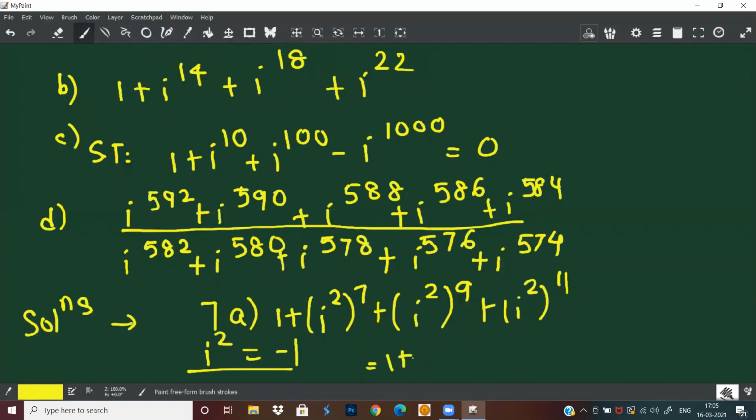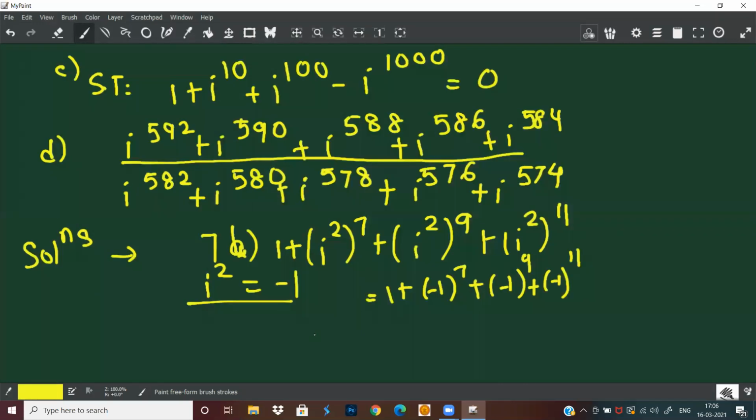Are you getting? ये दिया ही नहीं ना मैंने, हाँ दिया है, ये B है, not A. I square is -1. -1 raised to odd is -1, no, obviously. So this is going to be 1, -1, -1, -1. तो ये तो गया इसके साथ. I showed B first.